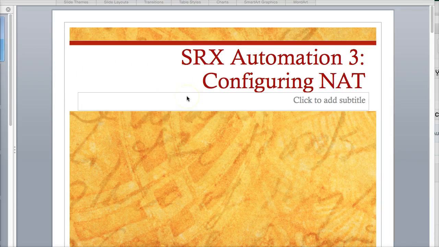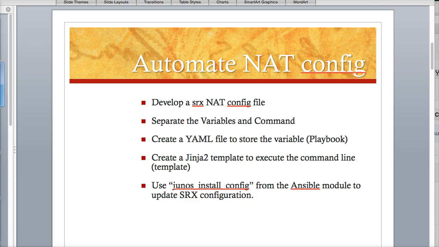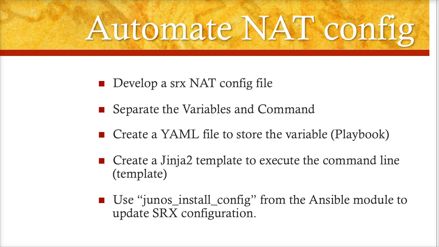Before we go on to our lab, there is something we want to go over: how do we go about building a NAT configuration and then apply Ansible to automate it. Here are the steps.